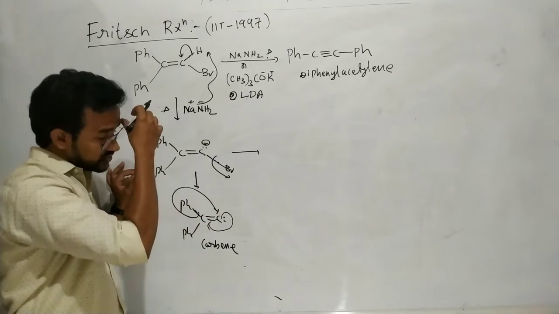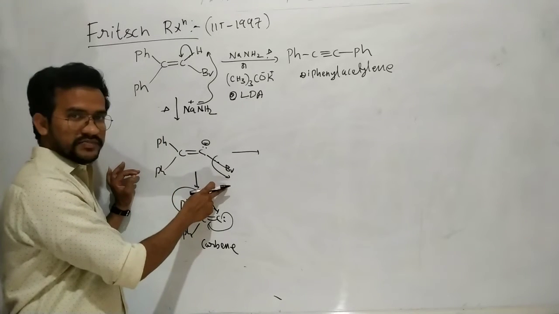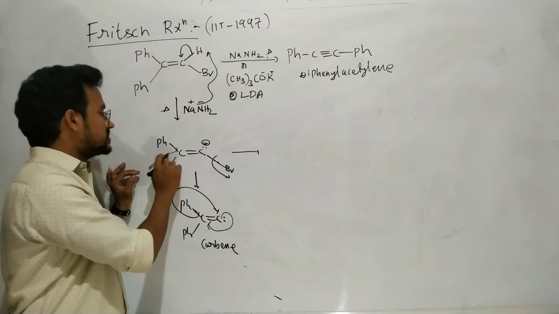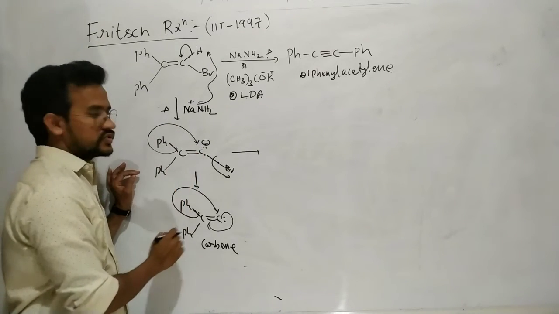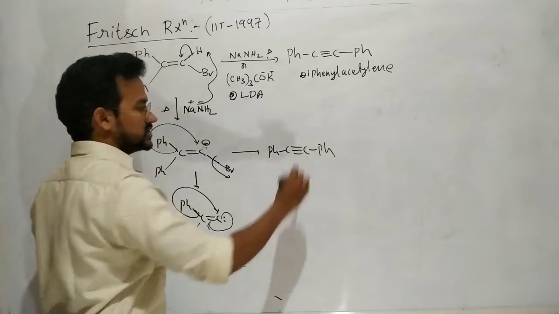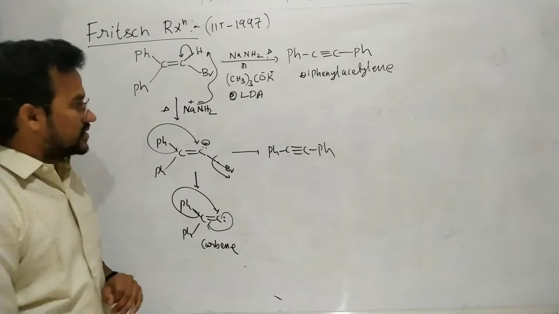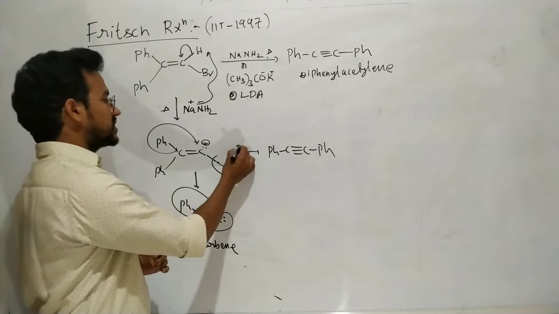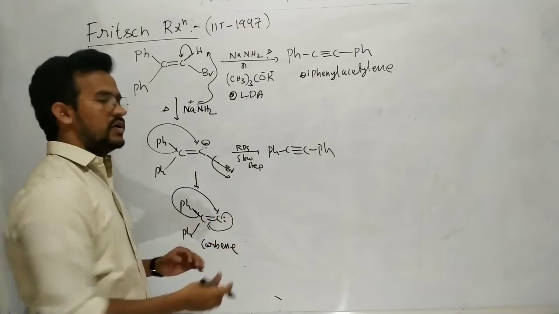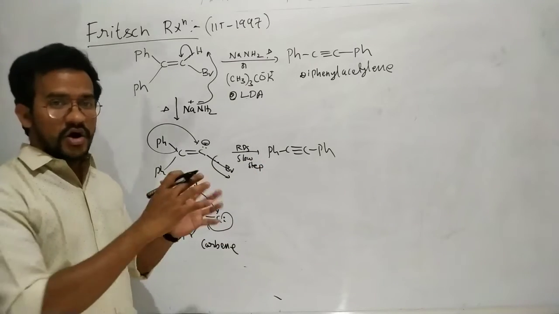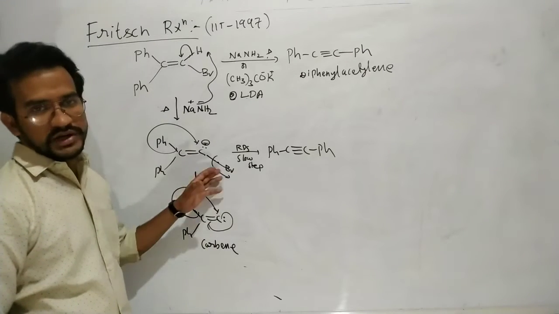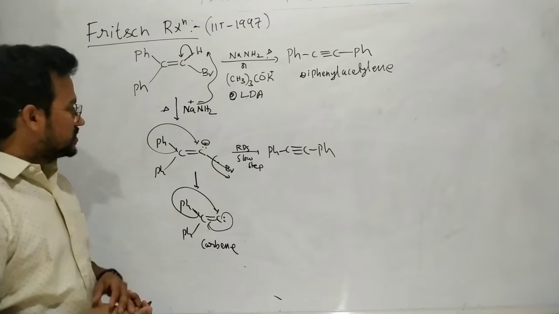So with leaving of Br minus, the group which is in the anti position is migrated towards this carbon. So finally we will get PhC triple bond C Ph. That is the product. The main step is this one. This is the rate determining step, and this is the slow step: the migration of the one phenyl group which is exactly in trans position with the leaving group, that is the halogen.